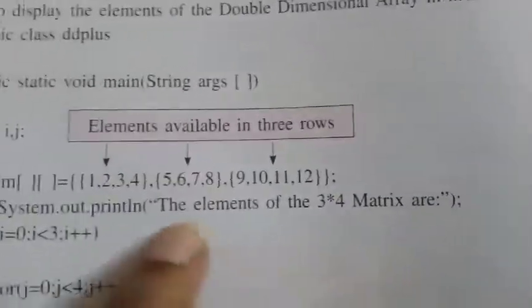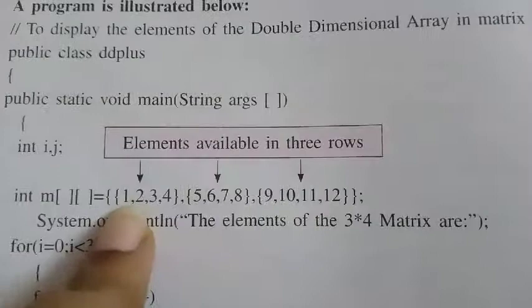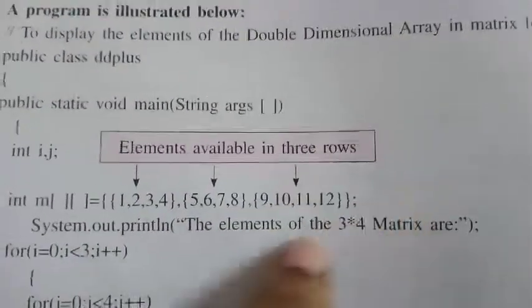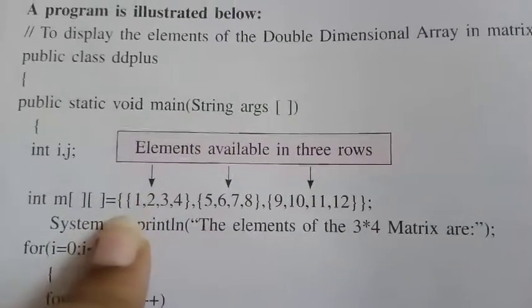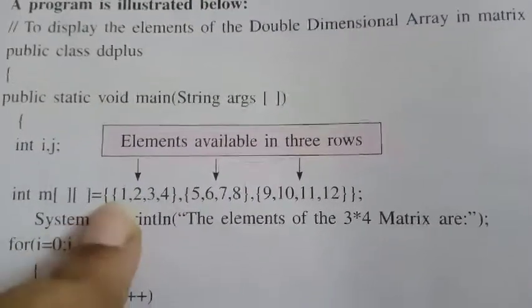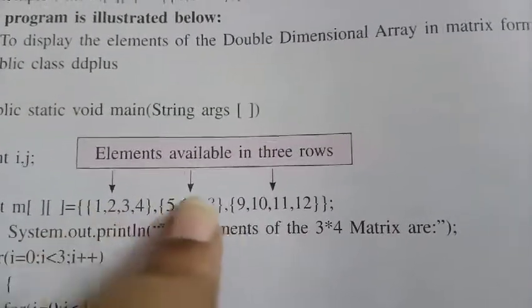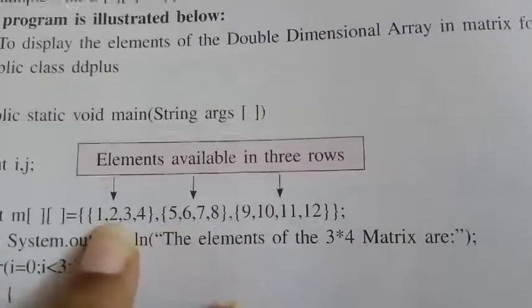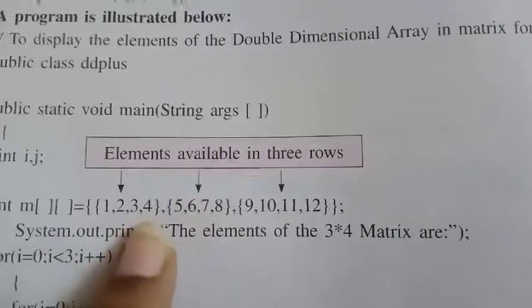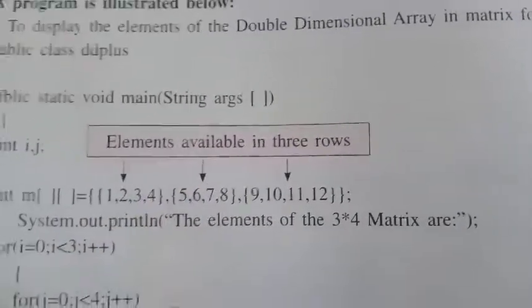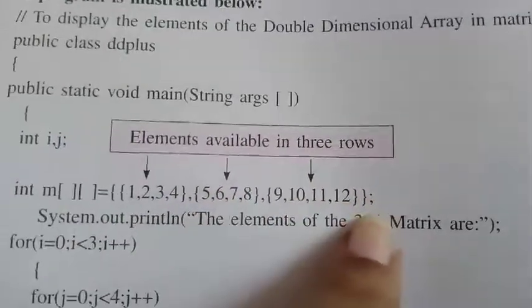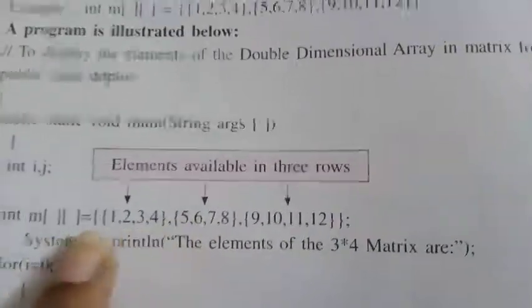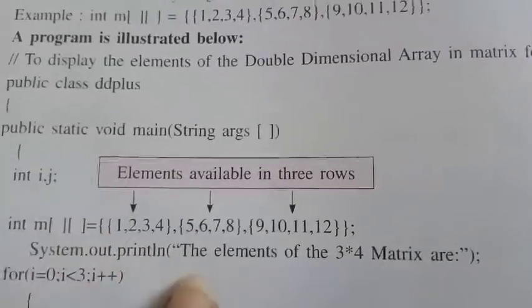If you notice here, we have so many curly braces inside the curly braces itself. In the single dimensional array, we used to give the data in a single line within the two curly braces, but here since we are going to print it row by row, we are giving it like this. Since this is a double dimensional array, we are going to give it like this.